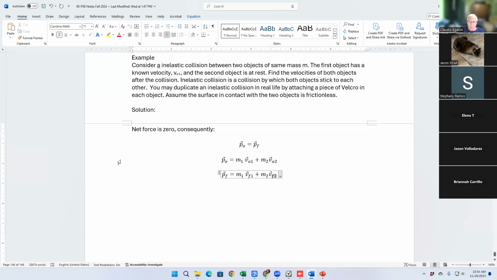According to this problem, the masses are the same, so M1 is going to be equal to M2, which is equal to M. So, since the masses are the same, we can write something like that.